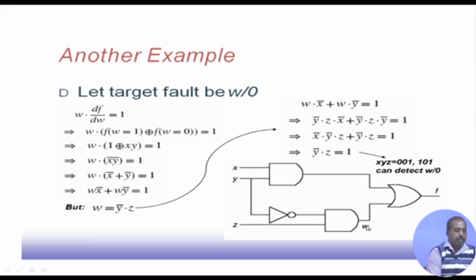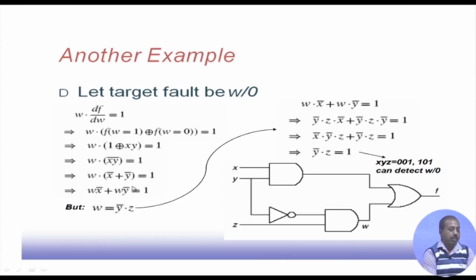So, for this internal line, again we need to satisfy this condition. We need to excite that fault by setting w to 1, because we are trying to check for w stuck at 0. So, we need to put w to 1, and then this propagation, which is df dw, should be equal to 1. So, w dot df dw, this whole thing should be equal to 1.